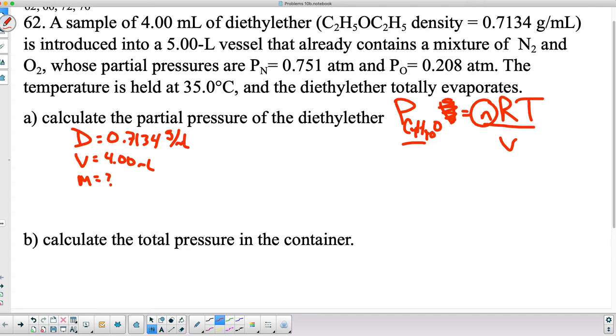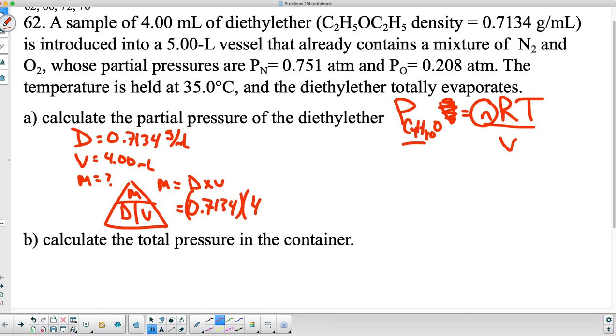So when I solve for mass, I do my little density triangle. I've done this all the time. I have mass on top, density and volume on the bottom. When I cover up mass, because that's what I'm looking for, I get density times volume. So literally mass equals density times volume, which equals 0.7134 times 4 milliliters, like that.